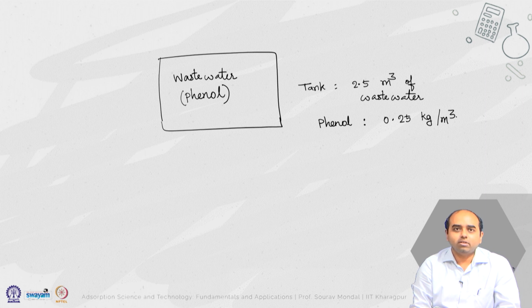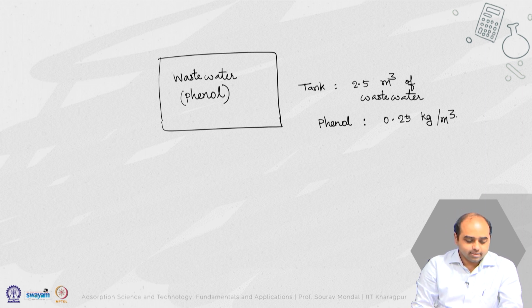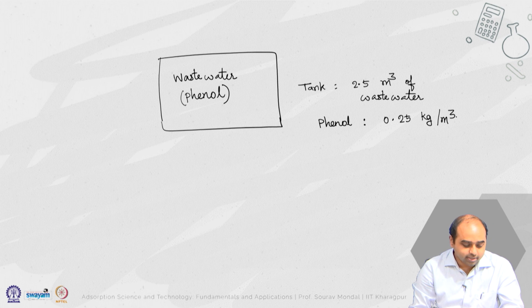The phenol concentration for environmental discharge should ideally be very low, and this is generally very harmful. It occurs in industrial effluents from pharmaceutical companies, where phenol is generally produced in large quantities. Not only pharmaceuticals, even fine chemicals, pesticides or the agricultural industry also produce a lot of phenol or phenolic compounds during the process, and the wastewater can contain very high levels of phenol that need to be treated.